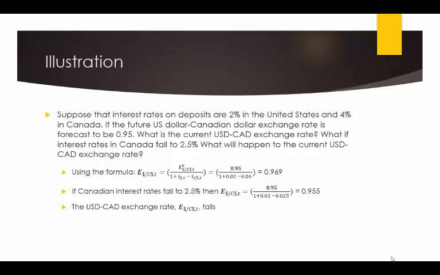We can use the UIP formula for the spot rate to compute what it is given the known magnitudes of its determinants. And as computed, this gives us 0.969. Similarly, if Canadian interest rates instead were at 2.5%, again we use the spot rate formula, simply plugging in 2.5 where we initially had 4%.